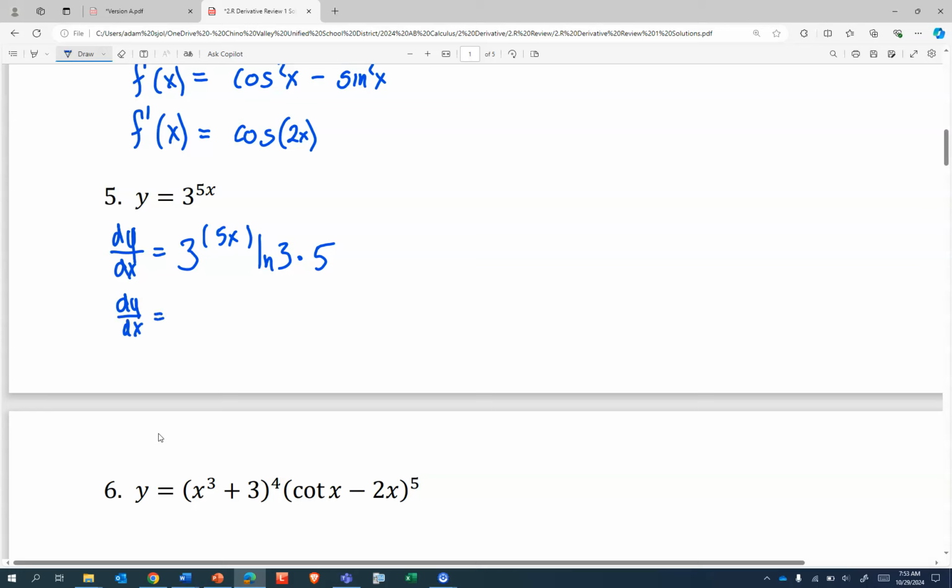So, you know, you can think of this 5 as a coefficient in front of natural log of 3. So it might be the case that you get natural log of 3 to the 5th multiplied by that 3 to the power 5x. Be prepared for rearranging using trigonometry, algebra, logarithms, all that sort of stuff.